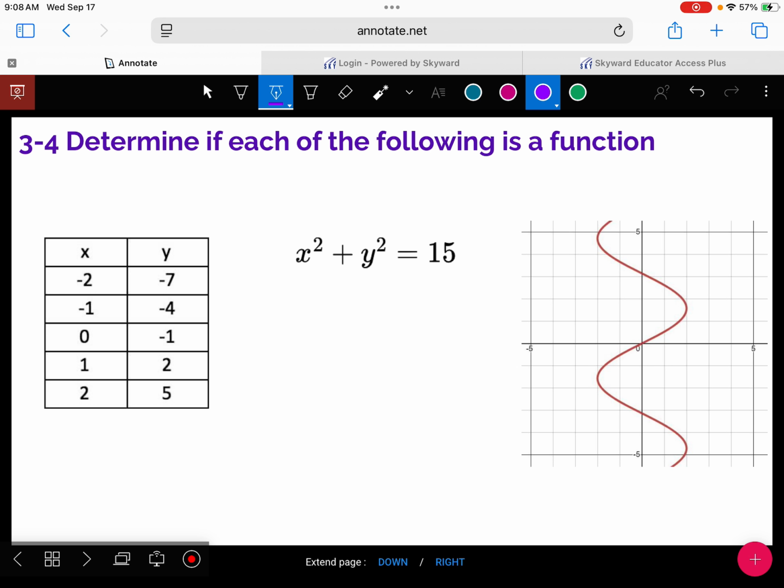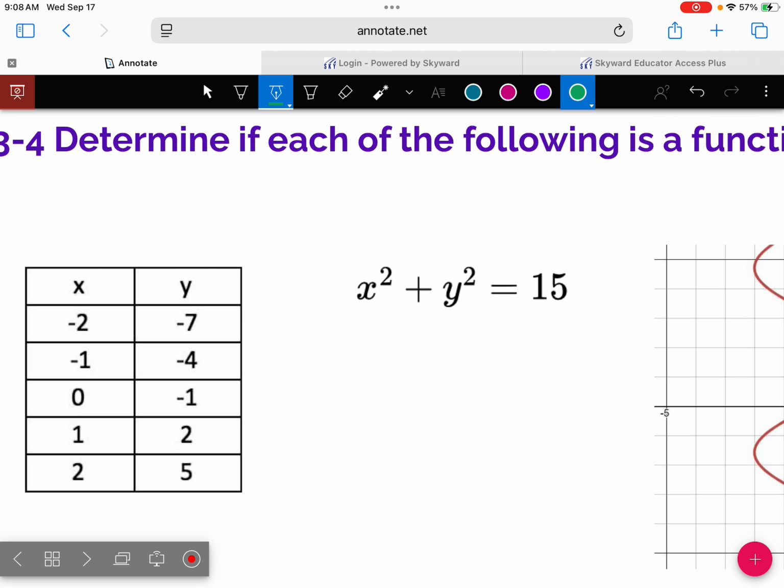So if we're looking at a table, we want to know, does each x go to only one y? So I want one x to go to one y. It does not matter if the y's repeat, they're totally fine. I just basically need to make sure that my x's aren't repeating.